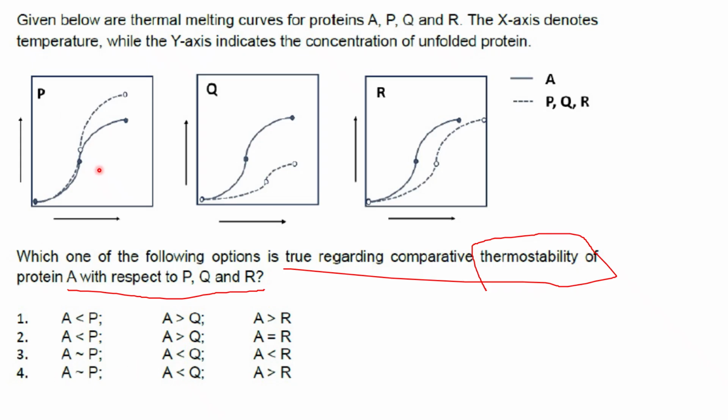P and A will be almost the same. That means 1 gone, 2 gone. So 3 and 4. A is approximately P, A is less than Q, A is less than R. Yes, that is correct. In option 4 they have given A greater than R, which is not correct. So the answer is option 3.